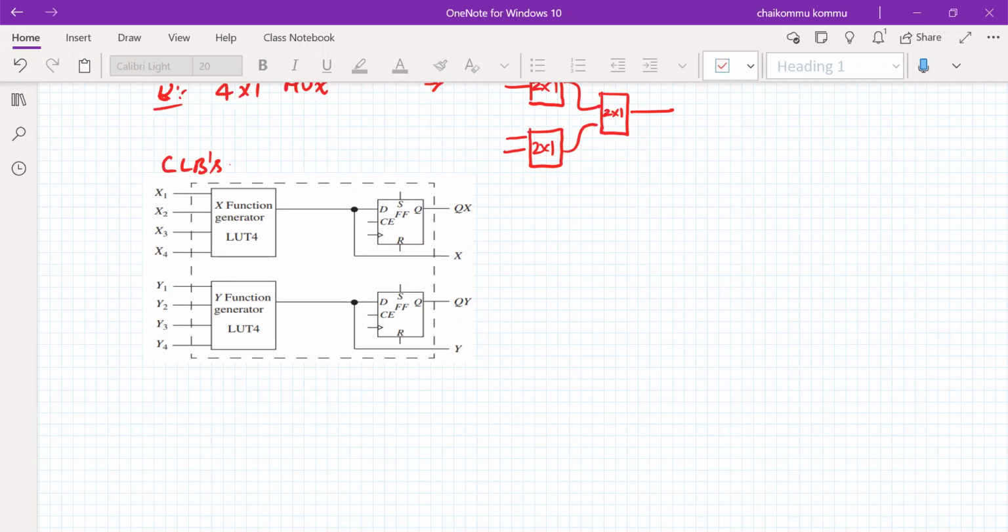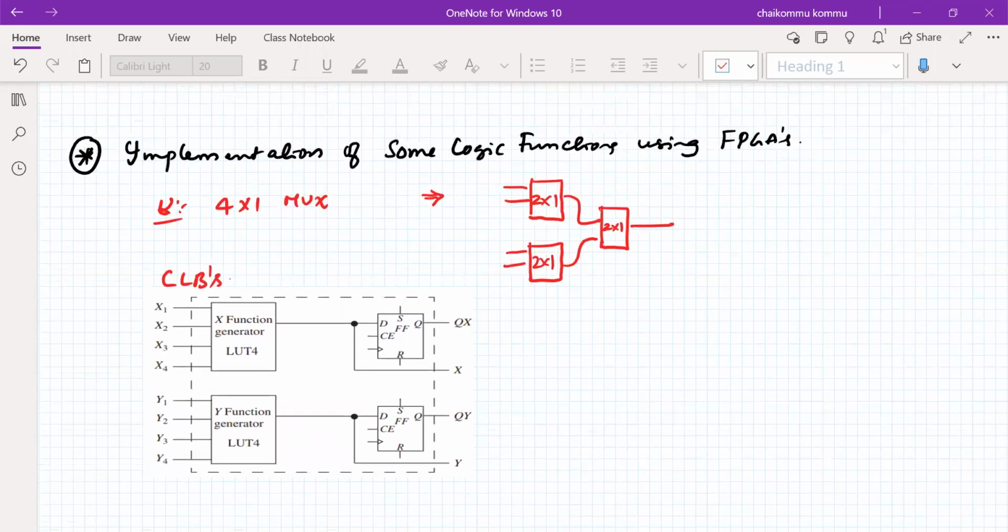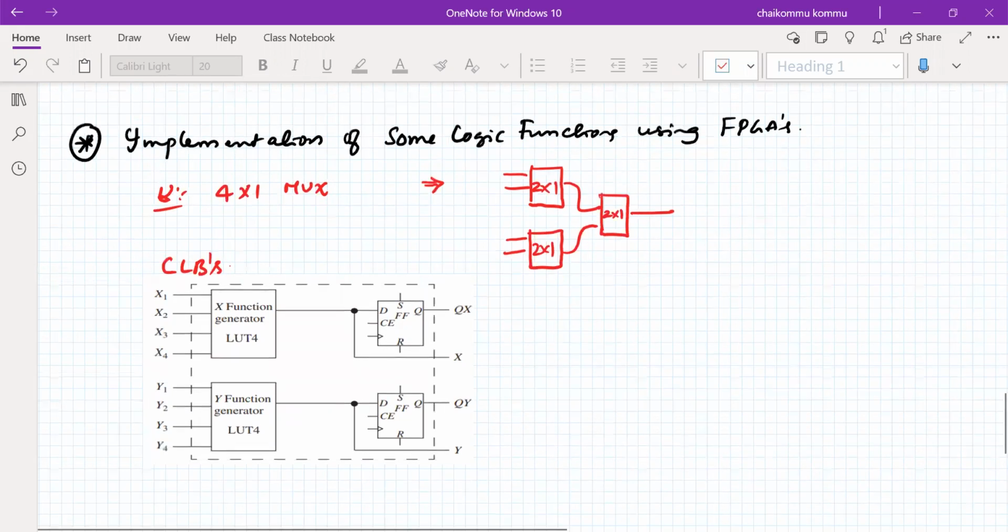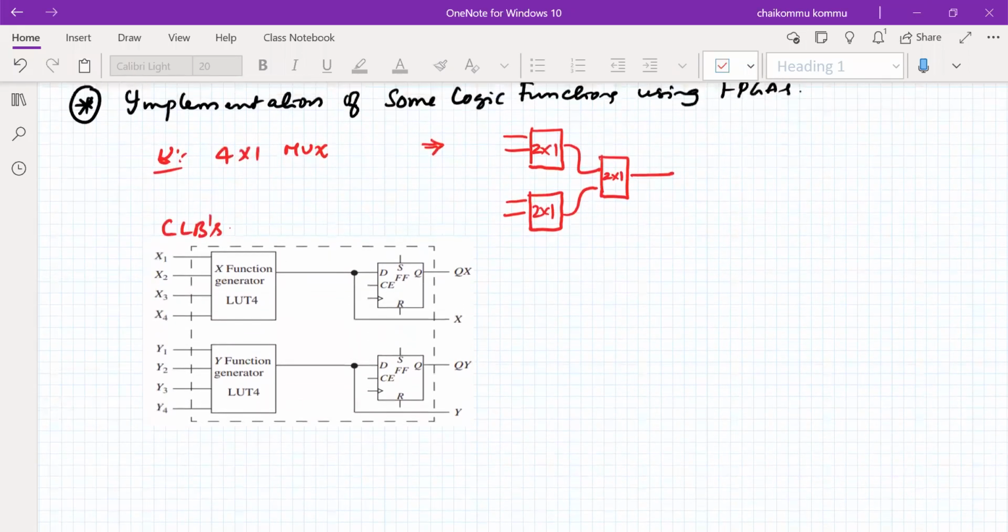In order to implement a 4x1 multiplexer by using the CLBs, how many CLBs are required? If you want to implement a 4x1 multiplexer, how many CLBs do you have to use?